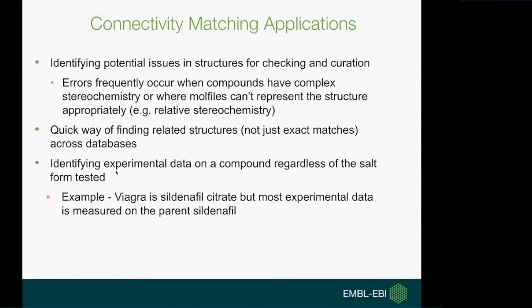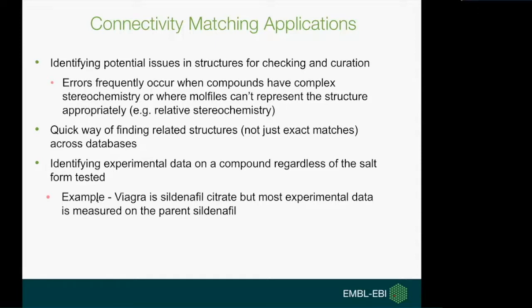So there will be examples where, even for standard drug molecules, different databases have the molecules maybe incorrect, or represent the structure in a different way, because there are certain things that we can't easily represent in the V2000 mol files that we all know and love.